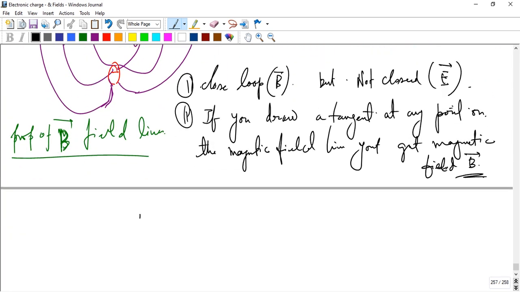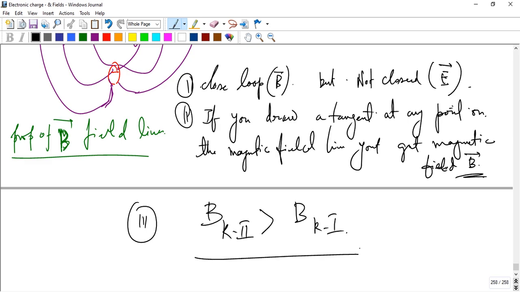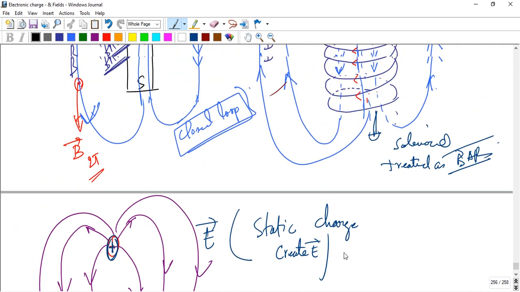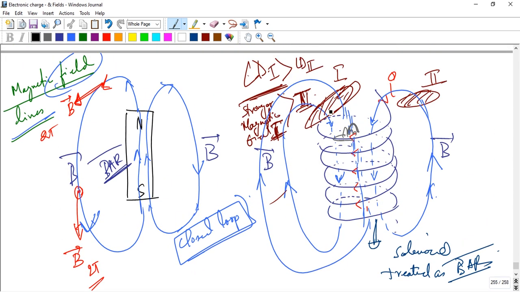If there is the same region, obviously the magnetic field at region 2 is greater than the magnetic field at region 1, because there is one field line crossing region 1 and two field lines crossing region 2. That's why the field line density is more. If field line density is more, the magnetic field will be more.